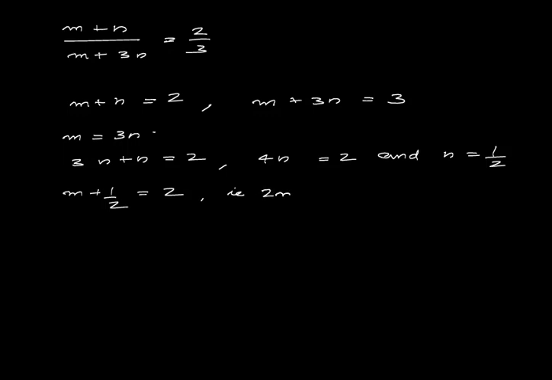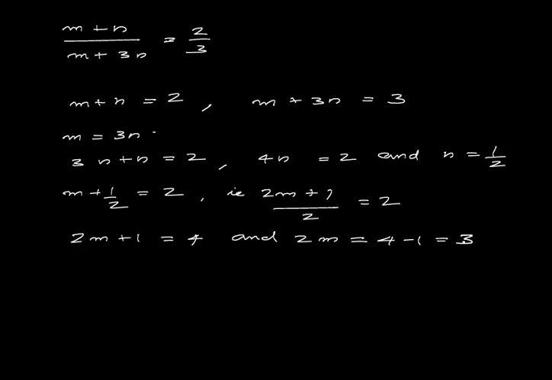That is 2m plus 1 is equal to 4, and 2m is equal to 4 minus 1, equal to 3.